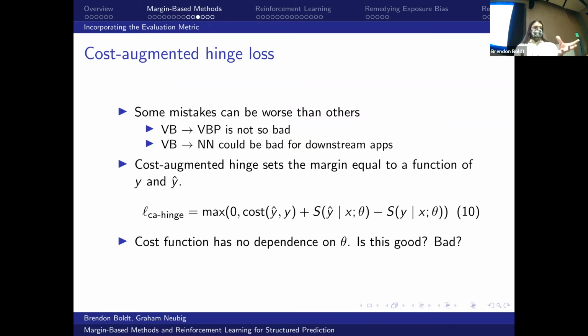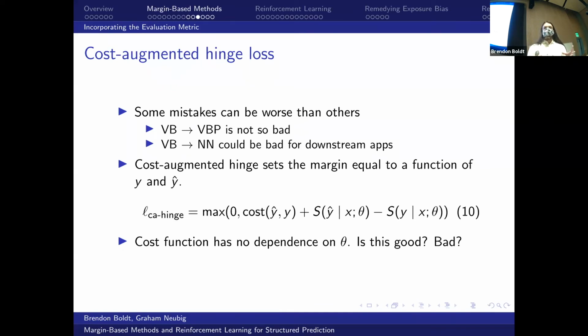So when we write this out as a loss function, we no longer have the m, but we have now replaced it with cost, a function of y hat, the prediction, and y, the ground truth label. As you'll notice, there's no dependence of this cost function on theta. On the one hand, this is good because it allows us to use non-differentiable cost functions.